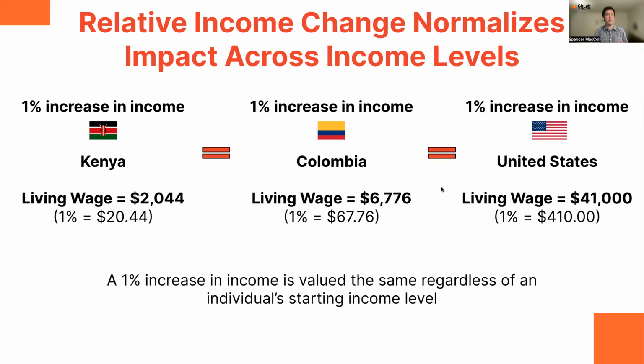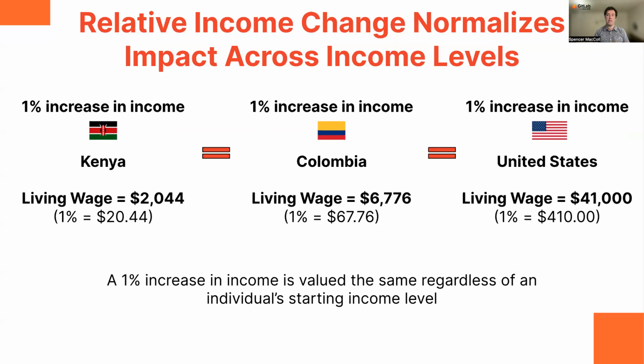So this also enables us to work across a variety of countries where the income levels are vastly different. If we're just working in the US, where the cost of living is roughly the same throughout the country, we can use the absolute ROI model more effectively.